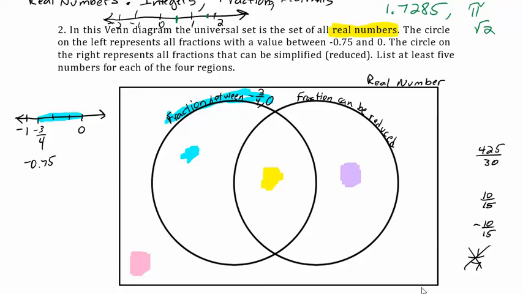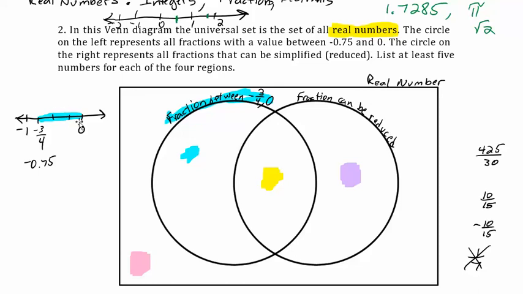Okay, all right, pause the video, see if you can do that. Restart the video when you think you've got some values that work. All right, let's try a couple here. Now there are infinitely many possibilities, so I'm just gonna pick some and see if they make sense to you. So let's start with this region right here. Some fraction between negative 3/4 and 0 that cannot be reduced.